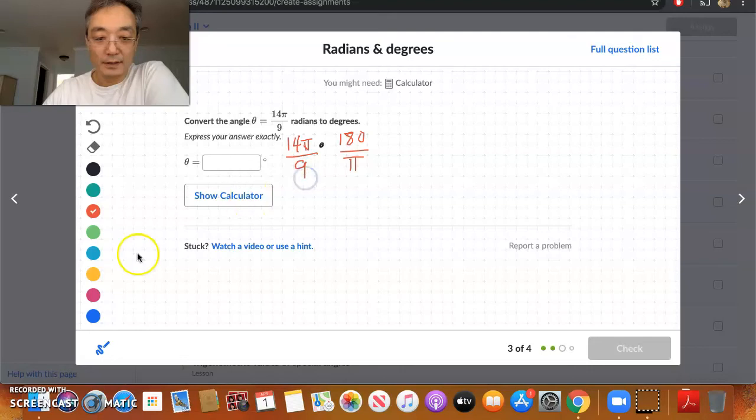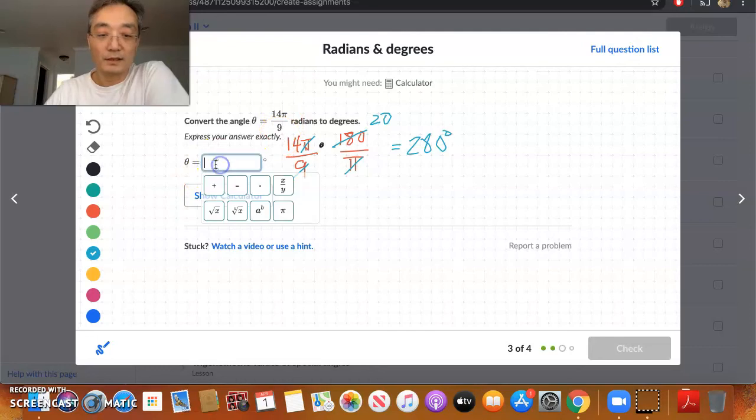Let's now cancel out. Again, these pi's are going to cancel. 9 goes into 180 20 times. So now all you have to do is multiply 14 times 20, which is 280. So 280 degrees is equivalent to 14 pi over 9. Let's put in the 280.